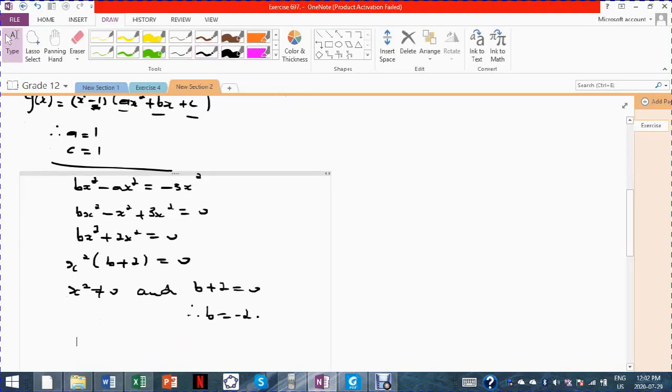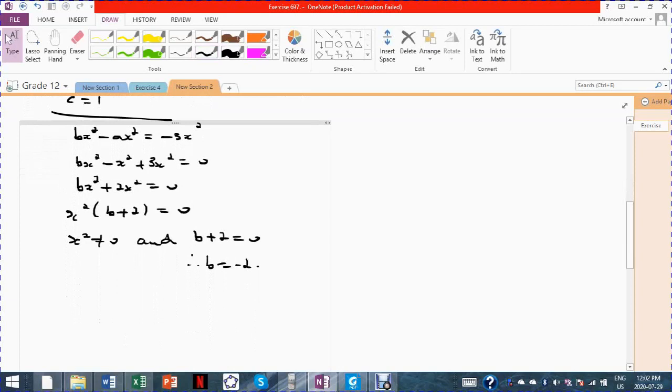And now everything is set. Our g of x is now equal to the first factor, x minus 1, and our a is 1, so we just leave it as x squared. Our b is -2x, and our c is +1.